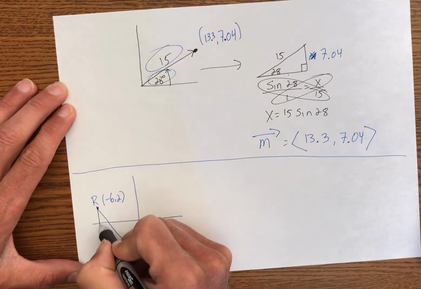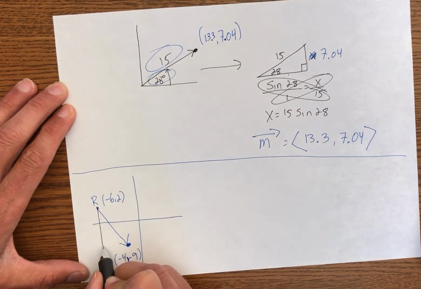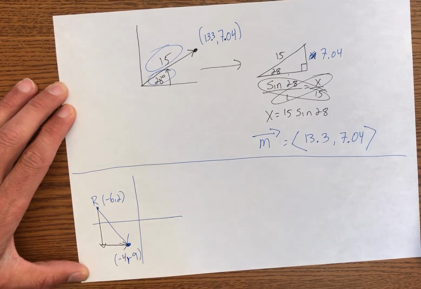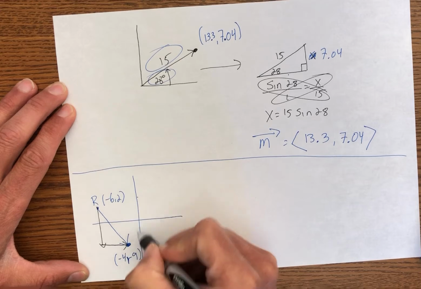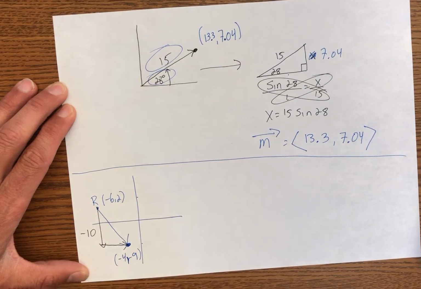So this has traveled a certain amount of units down, and then a certain amount of units to the right. Well, if it's -6 and it's traveled to -4, it's traveled -10 units down.